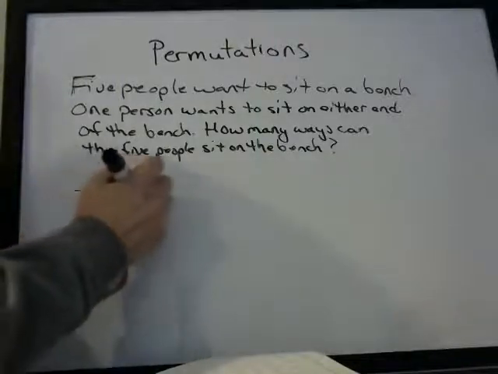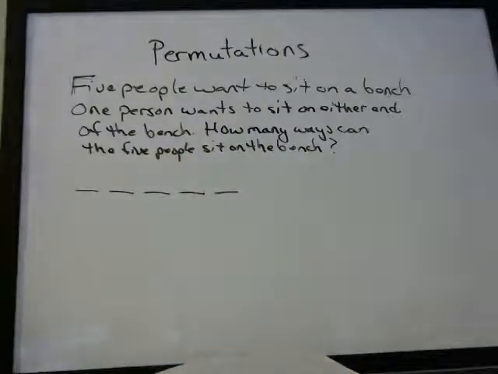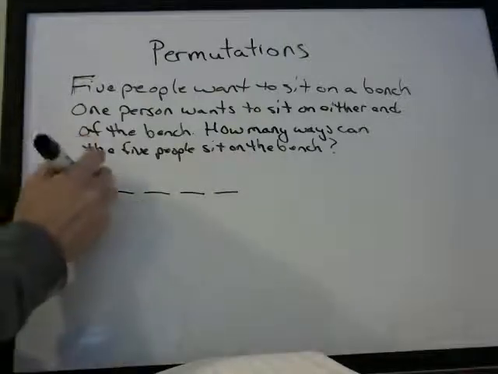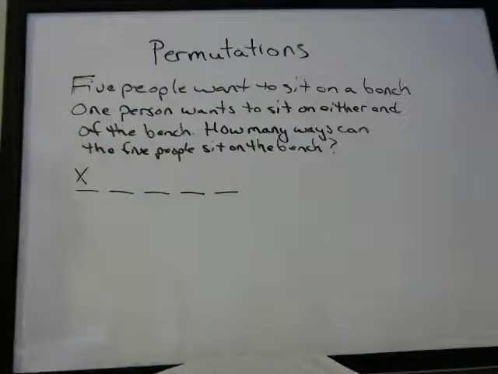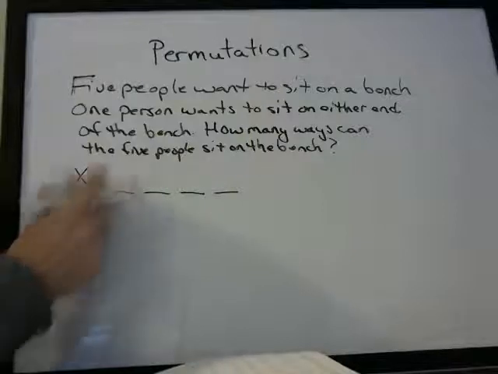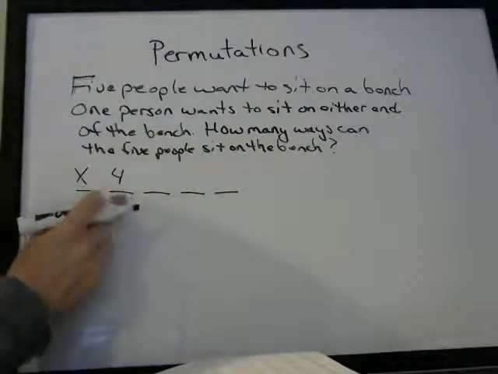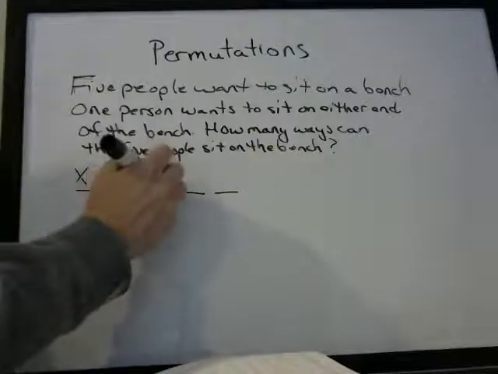So you have 5 spots. And so let's say the person sits on this end. So there's 4 people left. So, how many choices do you have for this spot? You have 4. How many choices for this? Well, once this guy sits down, there's only 3 people left, so you have 3.